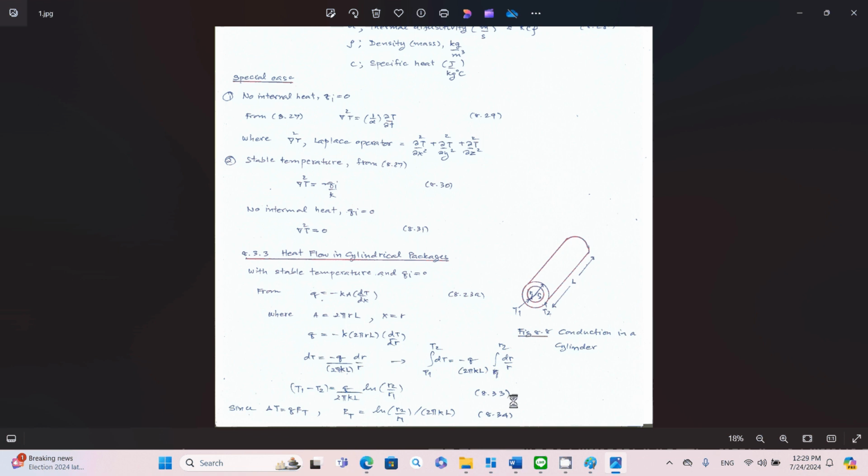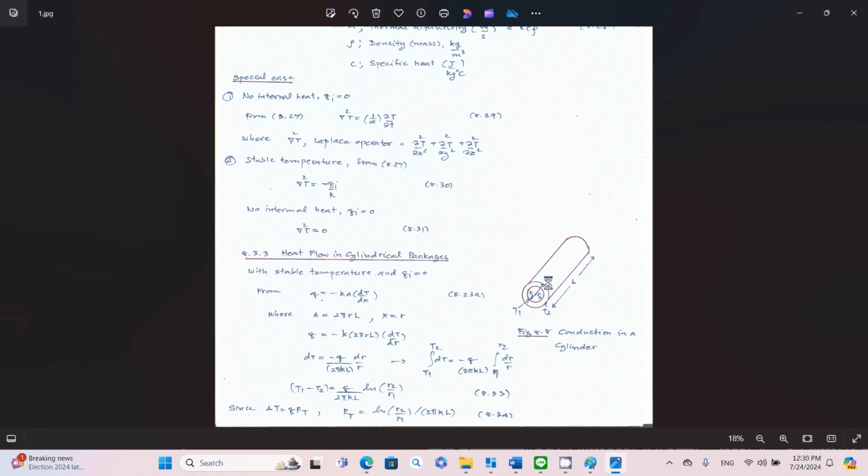That's equation 8.24. Now you know for the cylinder, that's not in the shape of a rectangle as we started with before. Your RT becomes Ln R2 over R1, where R2 is the outer radius and R1 is the inner radius of the cylinder, and K is the thermal conductivity.